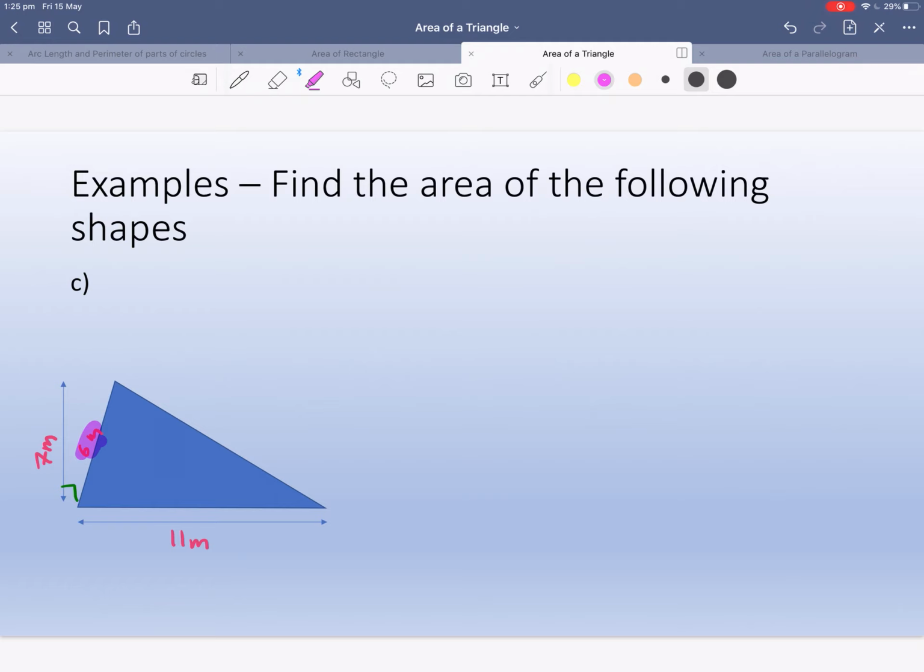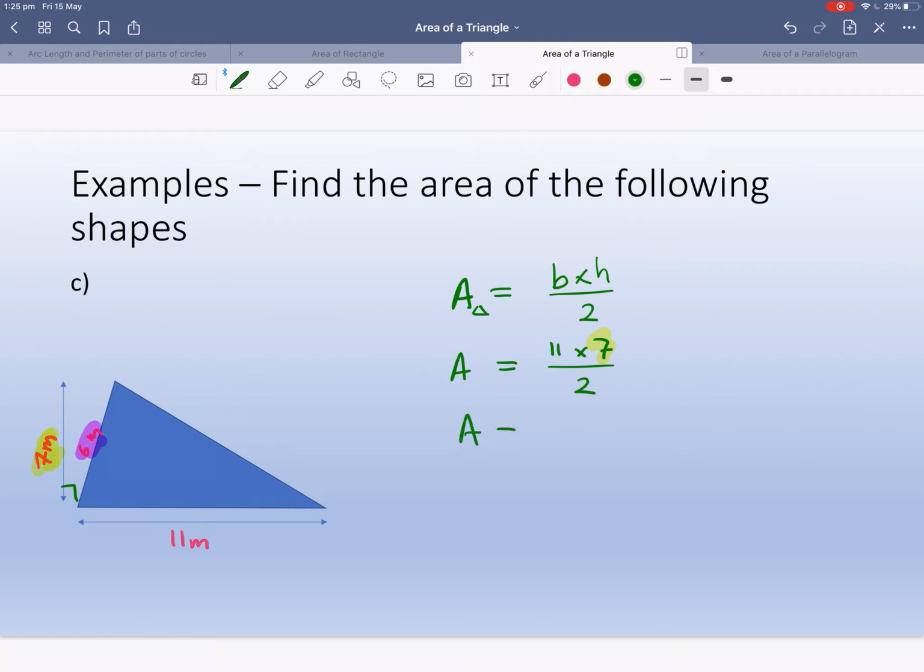So all we need to take note of is the straight up and down one. And then we just do it just like we did before. So area equals base times height over 2, because it's the area of a triangle, okay? So the area will equal 11 times 7, because that's the perpendicular height one, the same as this one. And we're going to divide it by 2.